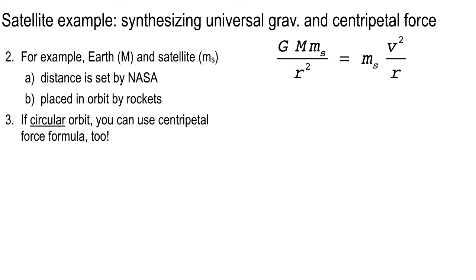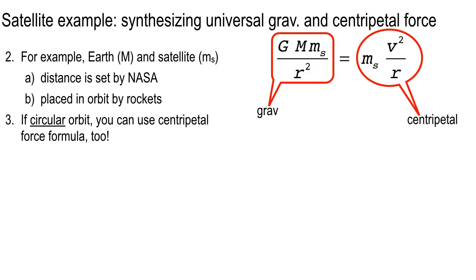On the right side is the centripetal force. This is the ma. A is v squared over r, and the m is the mass of the spacecraft. So it's out there orbiting Earth. It has a certain mass, has a certain speed, or NASA wants to give it a certain speed, and they got to get it to the right orbital distance, r. So you've got those two things. Now we're putting them together.